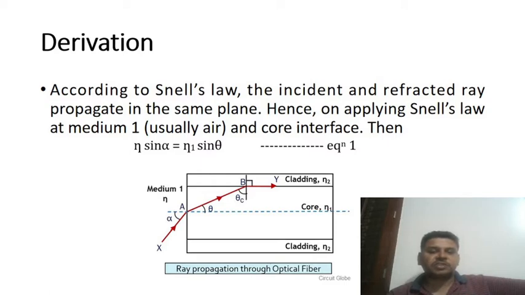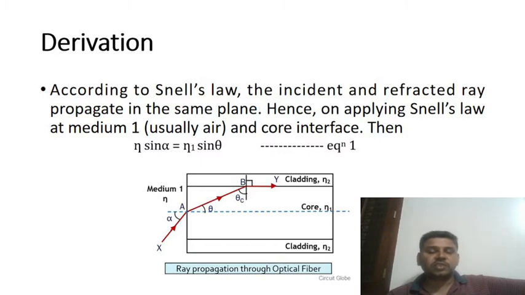In this angle, the refracted radiation reaches the interface at the core and cladding at the critical angle, theta c. If you increase the angle of incidence, alpha, the angle at the interface becomes less than the critical angle, and the light will not be totally reflected.